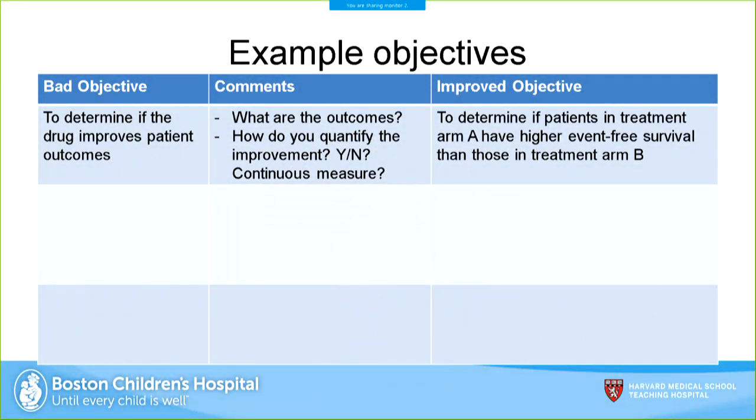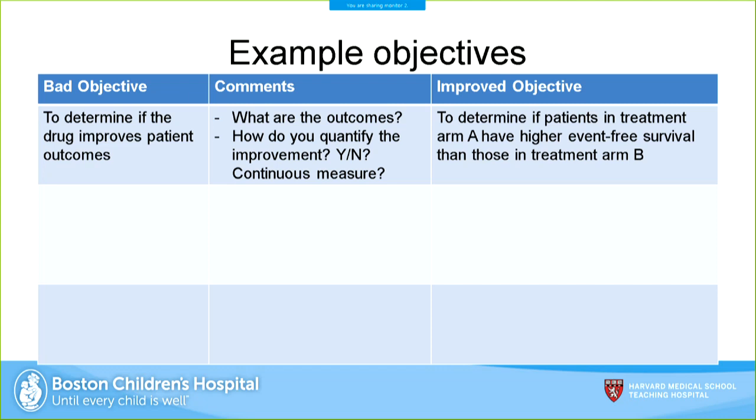So I wanted to give some examples of objectives that we want to make some improvements on, give some commentary, and then maybe suggest an alternative objective. So in the first case, on the left, there's an objective to determine if the drug improves patient outcomes.